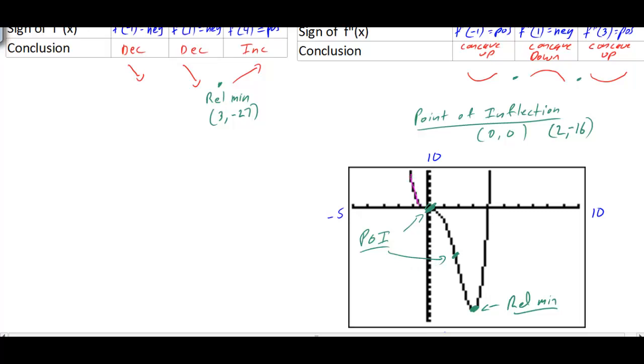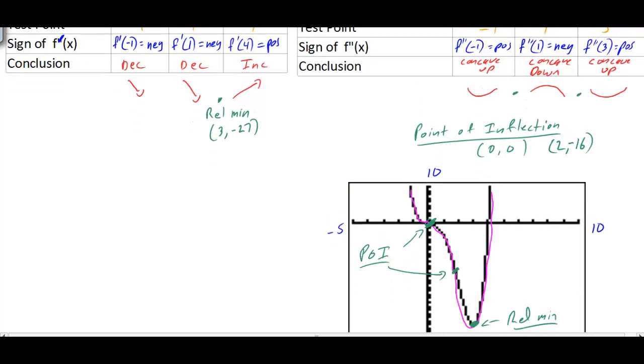It is concave up, concave down, and then it is concave up for the rest of the graph. So you can see the difference.